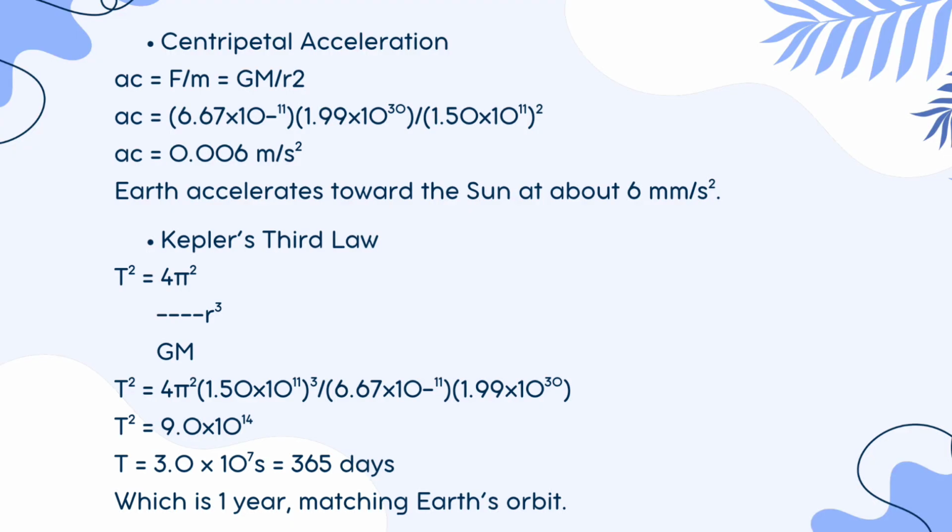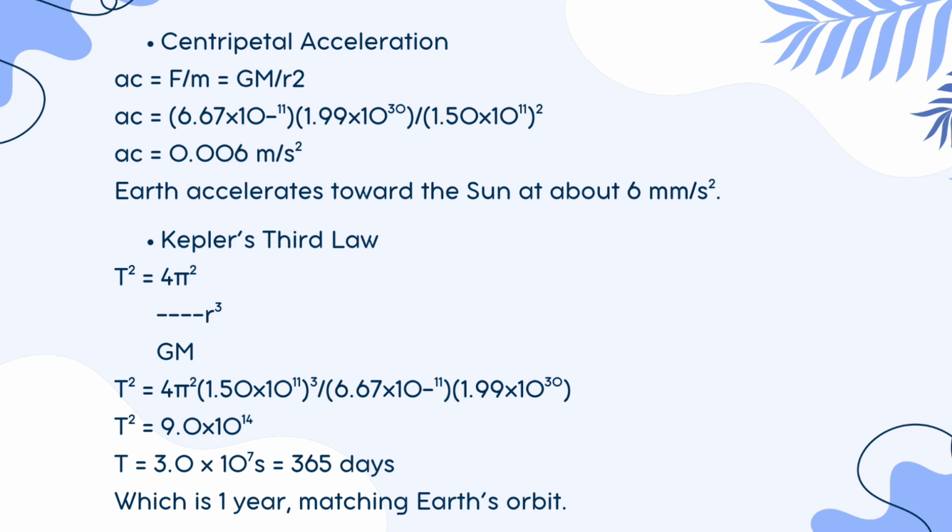We have the example of centripetal acceleration. We're going to use a_c equals F over m equals GM over r squared. So we're going to use those numbers from earlier, which is 6.67 times 10 to the power of negative 11 times 1.99 times 10 to the power of 30, over 1.50 times 10 to the power of 11, squared.